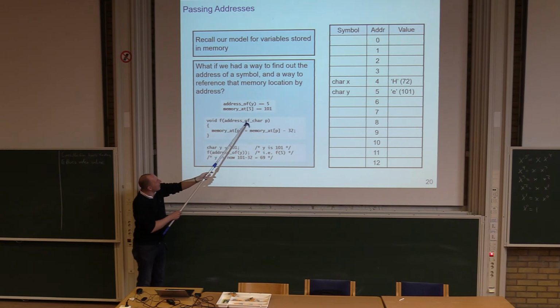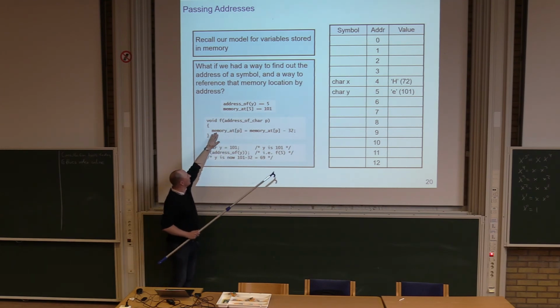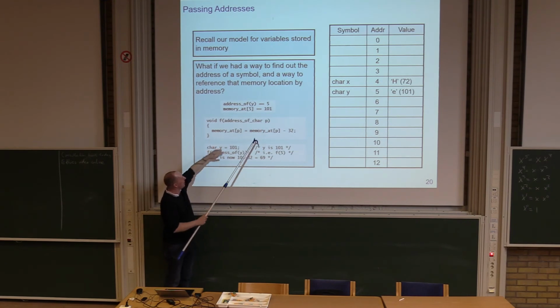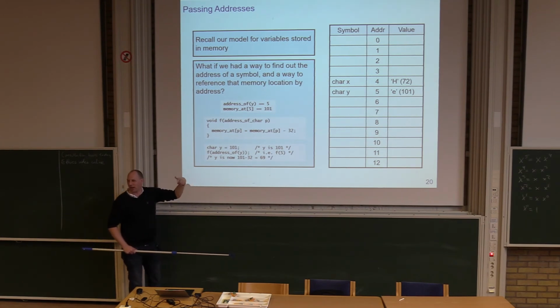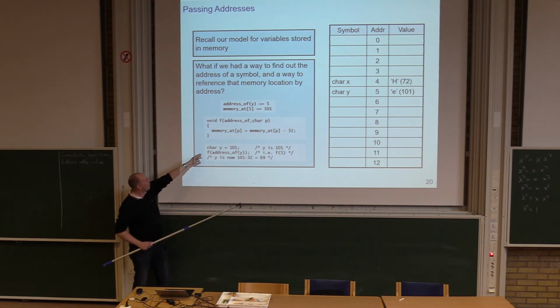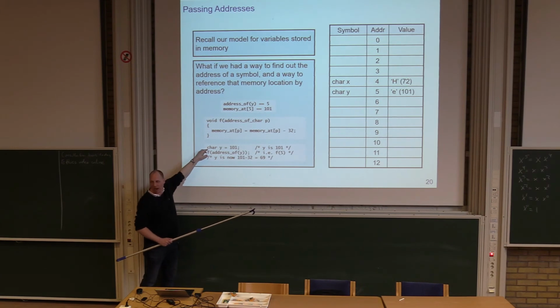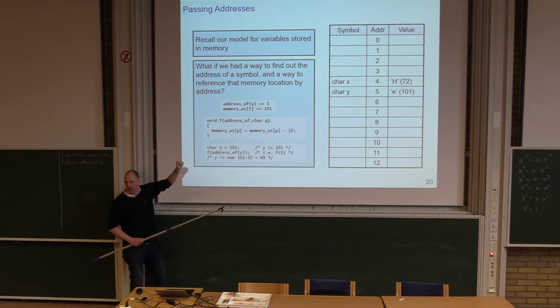Since we sent the address and changed the value pointed to by the address, if we now print out y, it will have a new value. So we could change the value of y without returning it from the function. Inside the function we can change all the values of the variables outside if we send in the addresses of those variables.